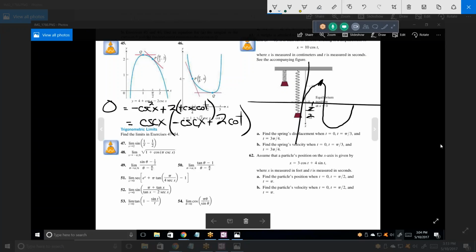Now I can solve it because I got the product of two things equals 0. So I know that either cosecant of x equals 0, and where does that occur? Let's see, that's 1 over sine.